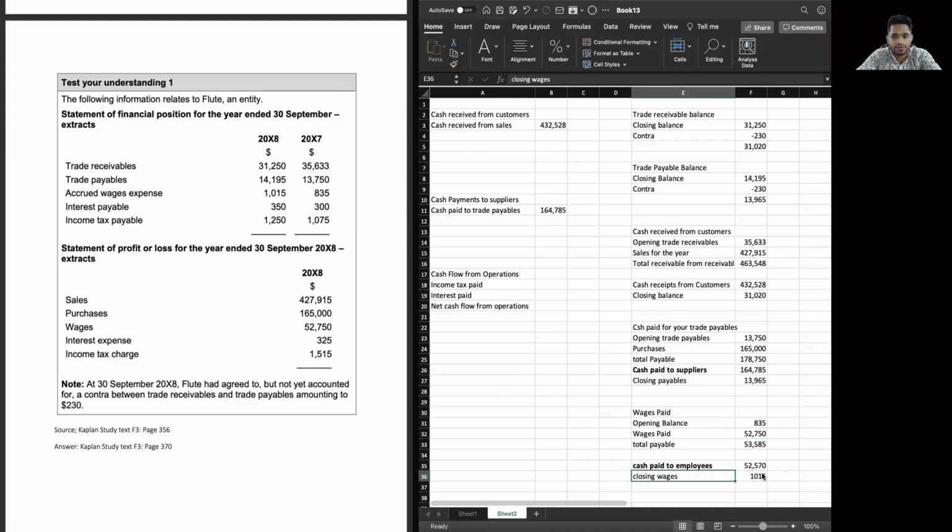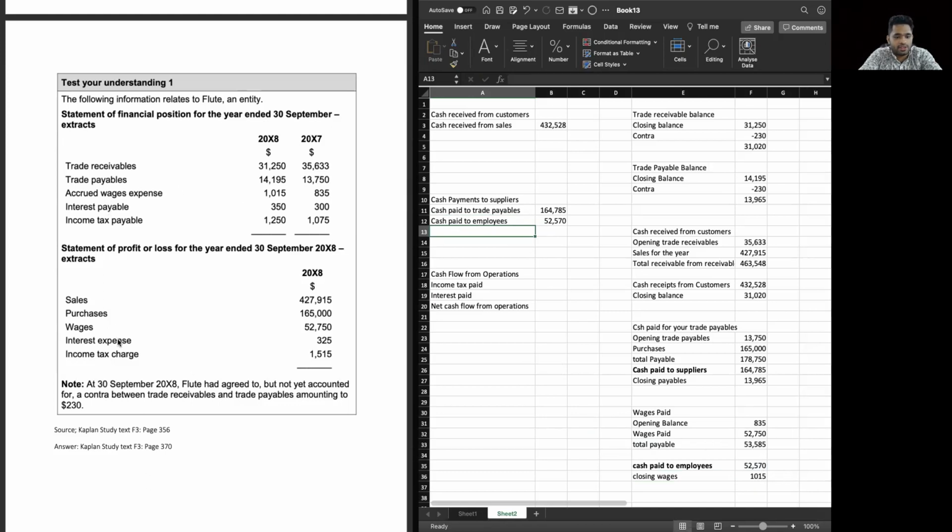That will be 52,570. So cash paid to employees is going to be 52,570.